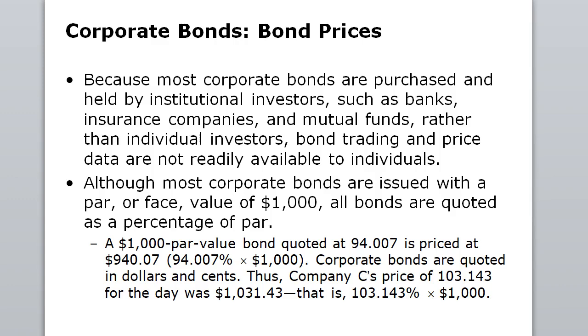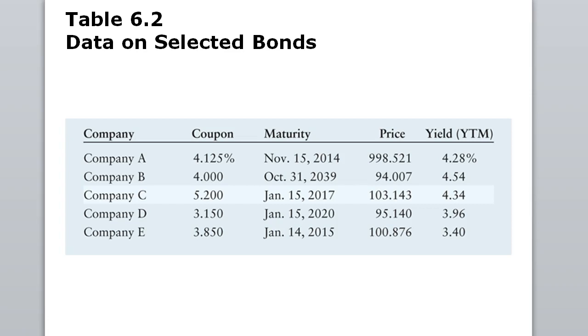And corporate bonds are quoted in dollars and cents, so a price of 103.143% for the day means a $1,031 bond, and we multiply that by the bond value. So bonds are quoted differently than stocks. We quote them as a percentage of the par.